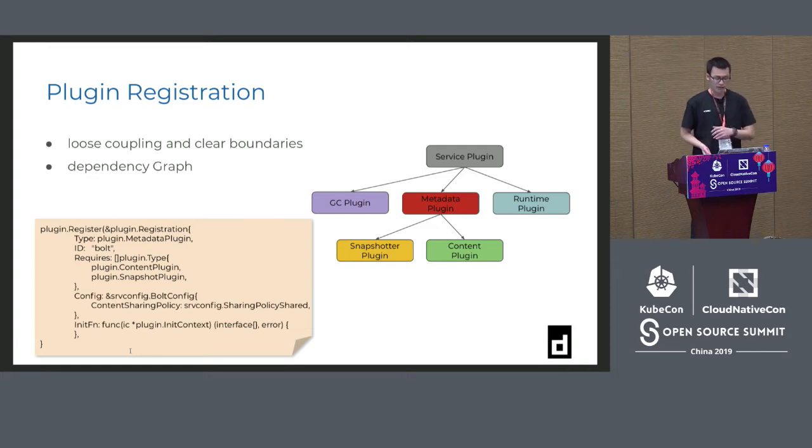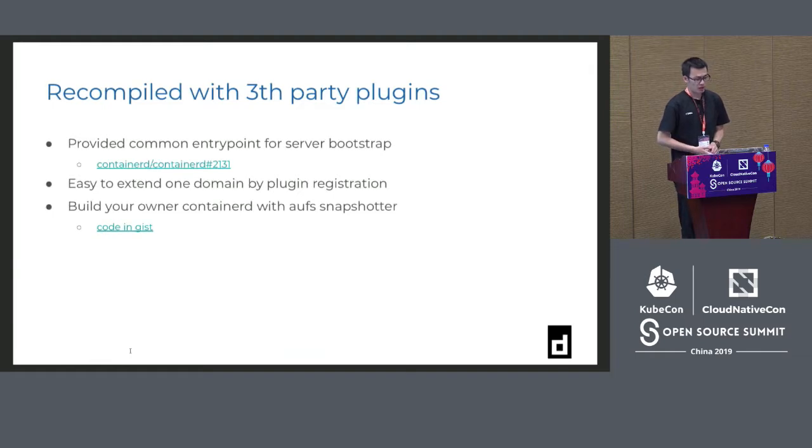So back to my topic, how do we integrate third-party services? One method is to create a new containerd. Containerd provides you with a common entry point, so you can start your Go main file, add the entry point, and plus the third-party service.